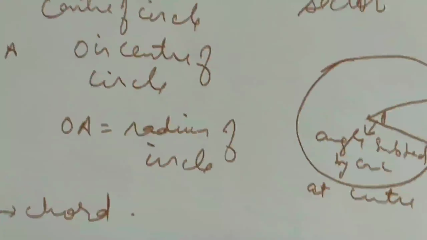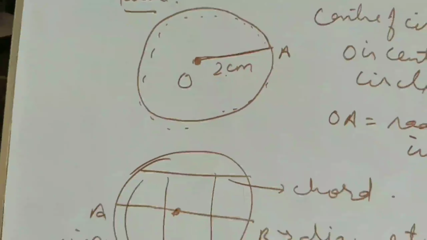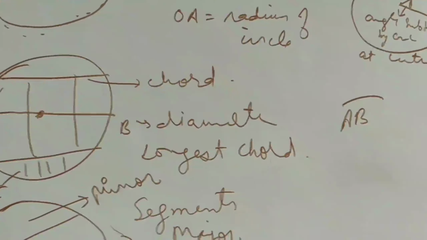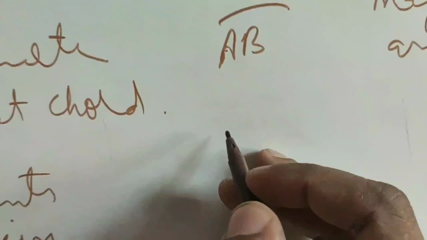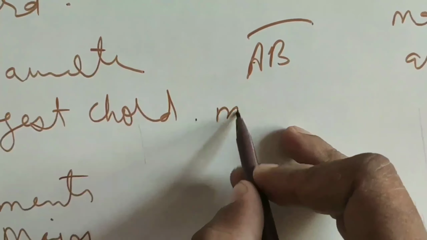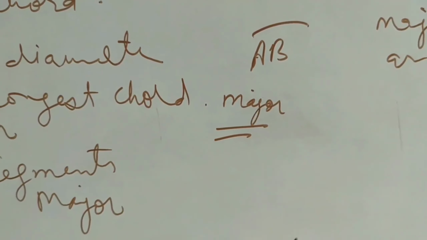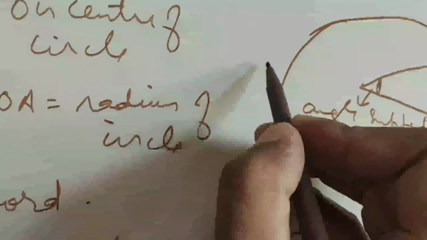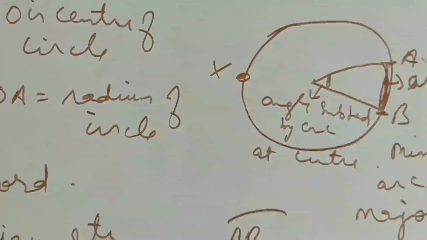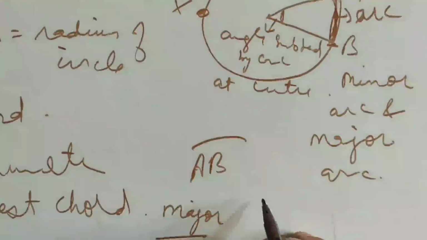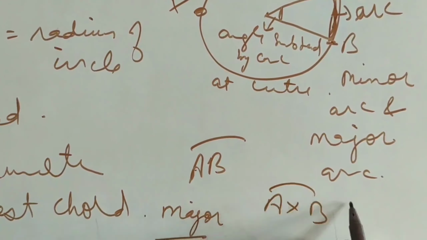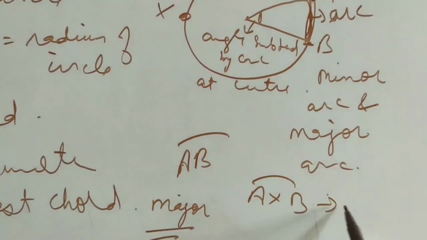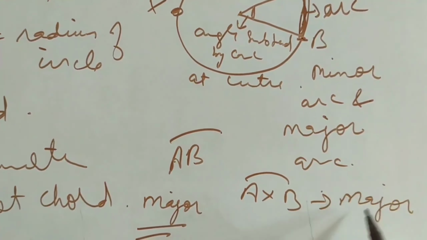Now clearly we have major and minor segments, and major and minor sectors. Whenever we are discussing the major segment or major sector or major arc, it will be written there that we want to know about the major part. In case of an arc, suppose here is a point X. If we use 3 points, then AXB will be termed as the major arc.